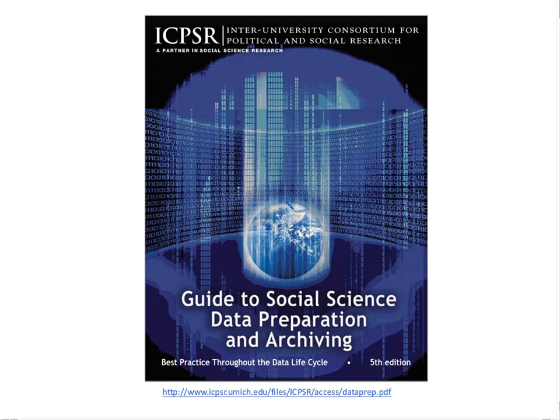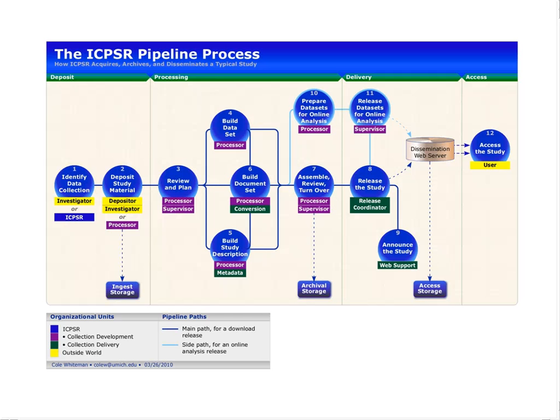The Guide to Data Preparation and Archiving discusses a lot of the management aspects as you're preparing and collecting the data as an investigator, and if you're a librarian or other person providing research support to these investigators, helping them prepare and get the data ready for archiving.